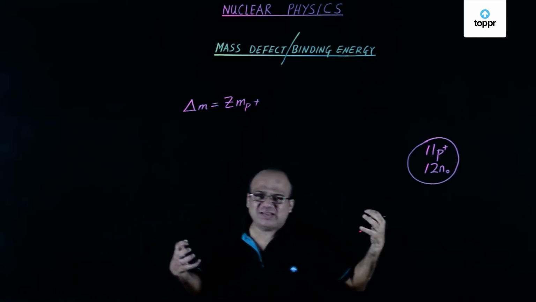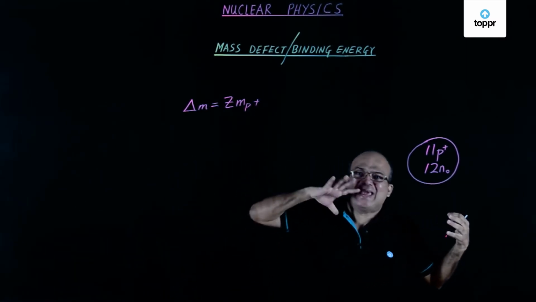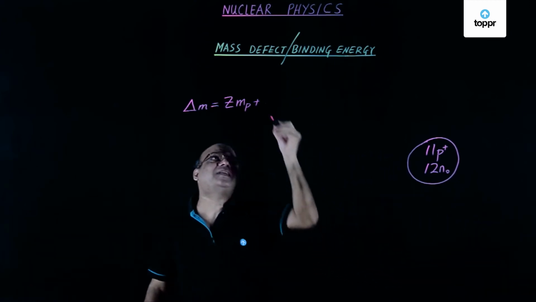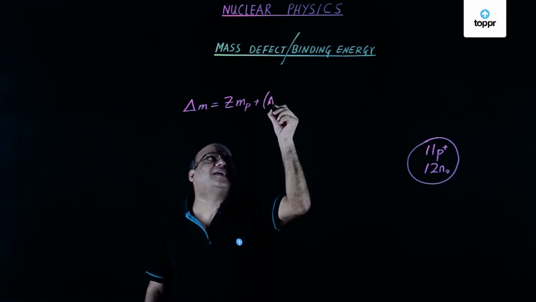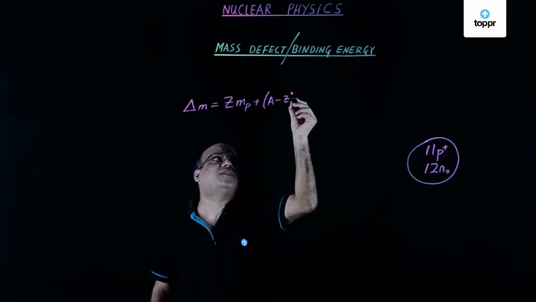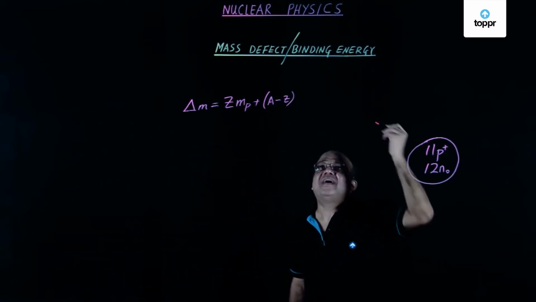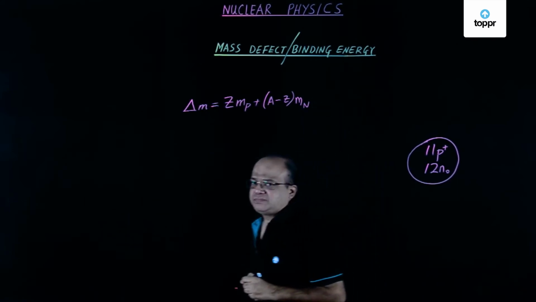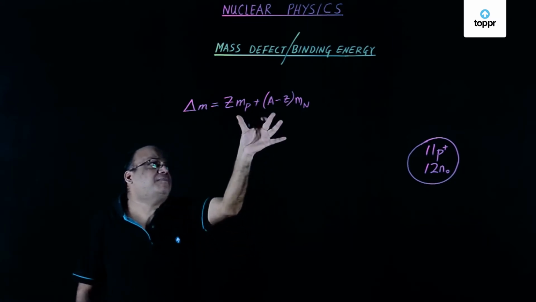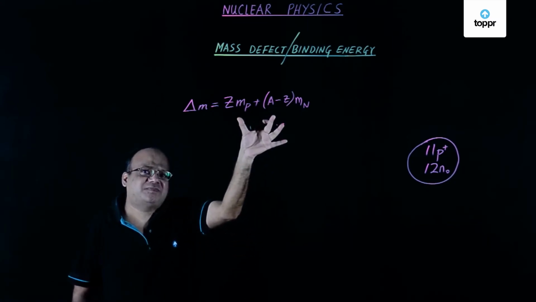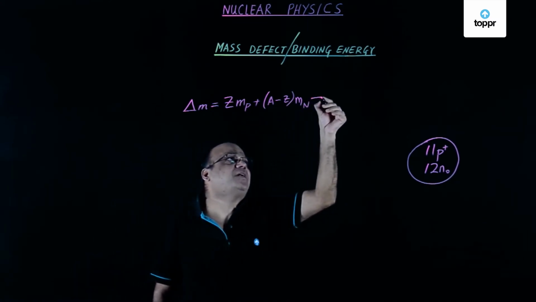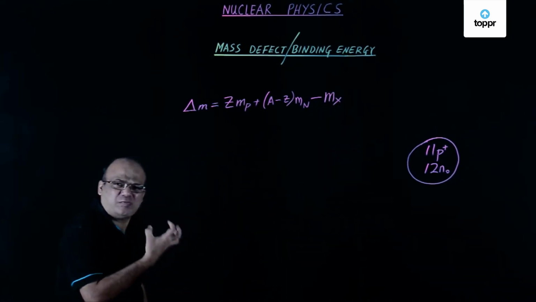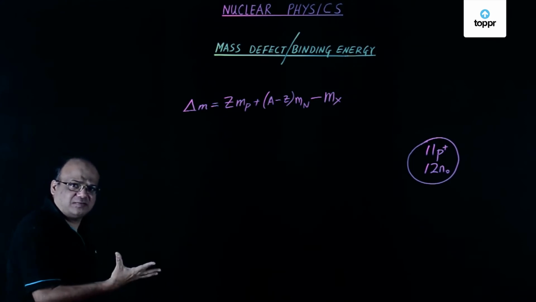How many neutrons are there? A minus Z. A is mass number, Z is atomic number. So, A minus Z is the number of neutrons. You multiply this with the mass of neutron. So, this gives the mass of separated nucleons. And then we subtract the mass of stable nucleus. And that is the mass defect.